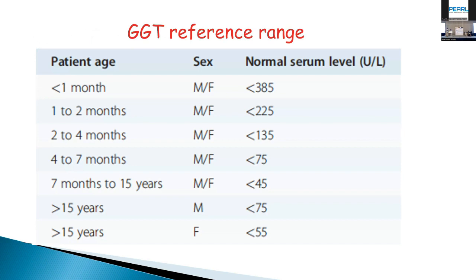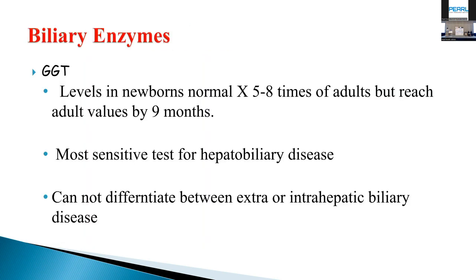And this is the nomogram for gamma GT. Newborn levels can be up to 10 times more, and high levels can tell about biliary disease, but they won't tell whether it's an intrahepatic problem or extrahepatic biliary disease. Moreover, a low gamma GT is more helpful in diagnosing PFIC.